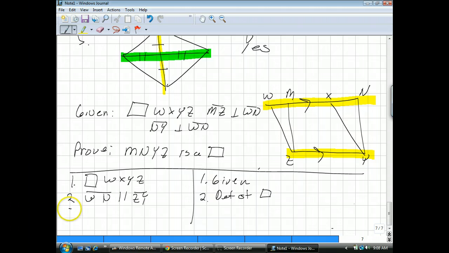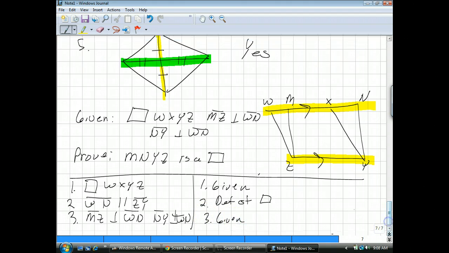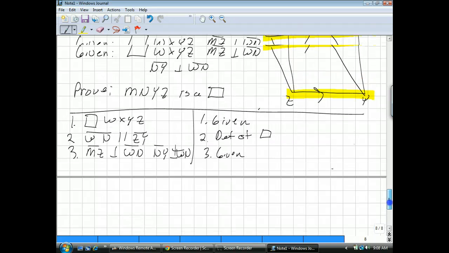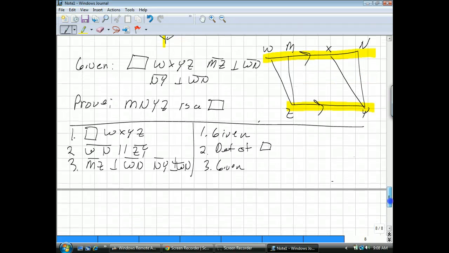Then we also know that MZ is perpendicular to WN, and NY is perpendicular to WN, because that was given. Okay, so MZ is perpendicular to WN.